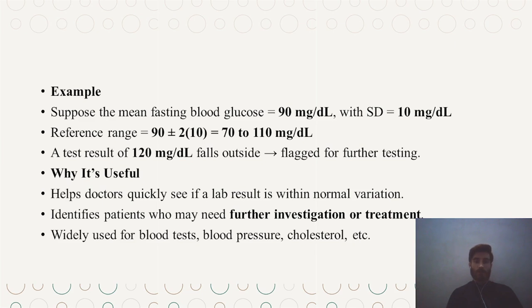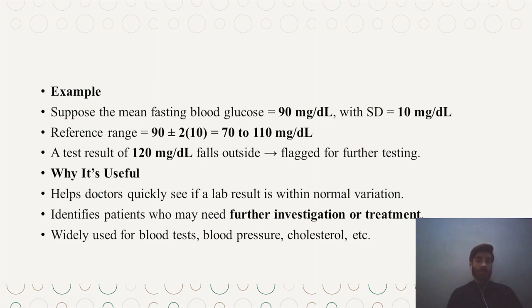So we will have a reference range of 70 to 110 mg per dL of fasting glucose within 2 standard deviations. A test result of 120 falls outside. If a value increases from 110, then it will fall outside the 2 standard deviations, into 3 and so on.